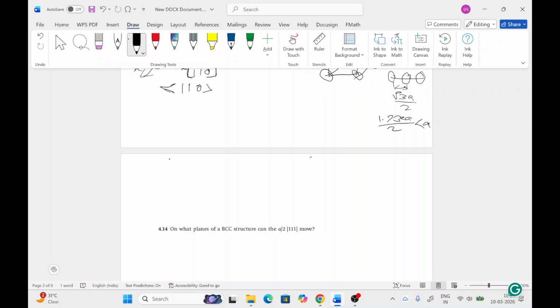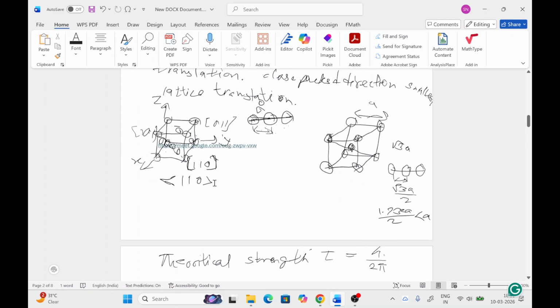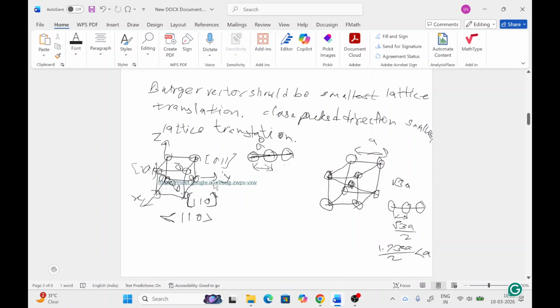So the theoretical strength is given by G by 2 pi, where G is the shear modulus of the material. So this depends only on the shear modulus of the material. That's why it is highest for all materials when no dislocation is present.